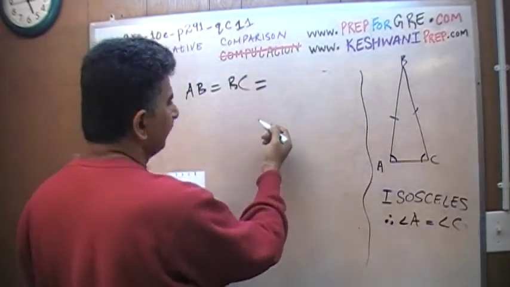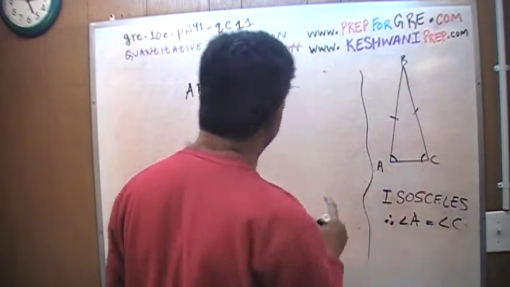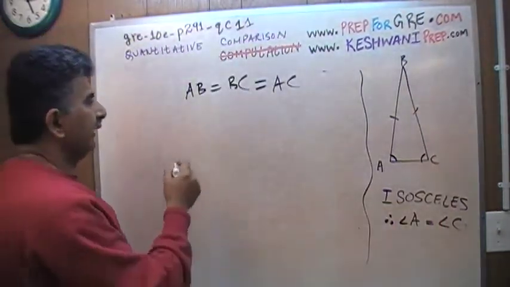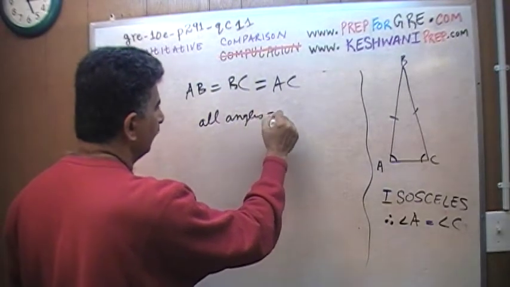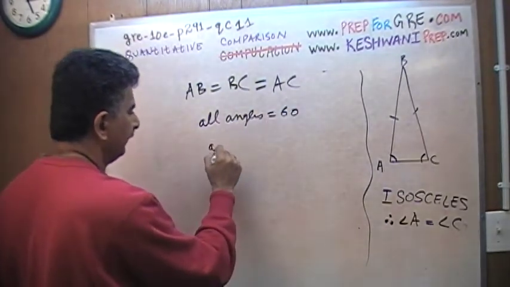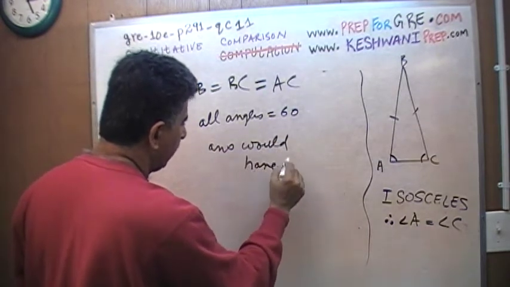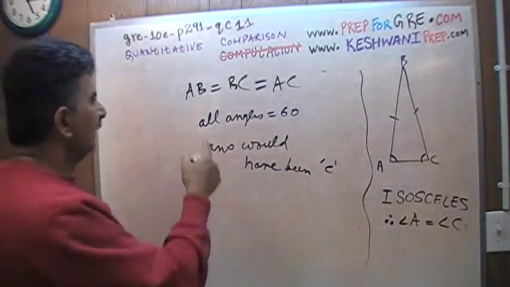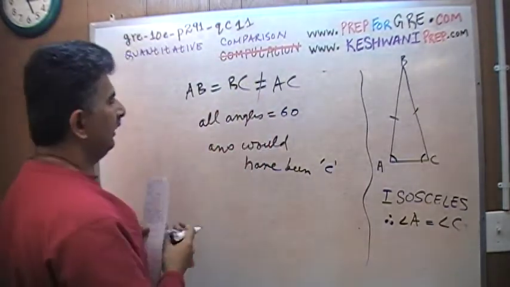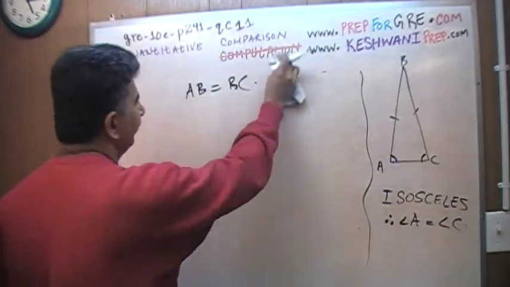If they had told us that that also equals AC, AB equals BC and equals AC, then all angles would have been 60, and the answer would have been C. But that is not the case here. AB equals BC, but we do not know what AC is. AC does not equal BC.